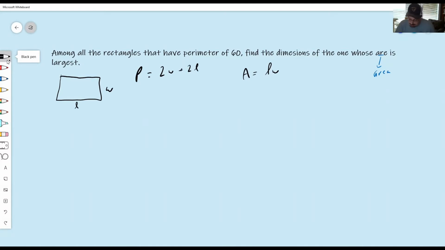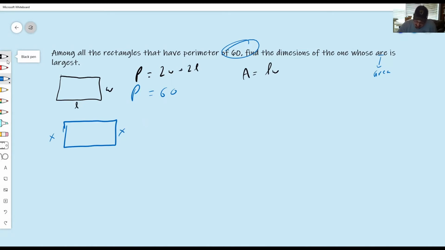The only number we know is 60. P has to be 60. So if I look at this, here's my rectangle. Let's just call this width here x. If the width here is x, then the width here has to be also x.